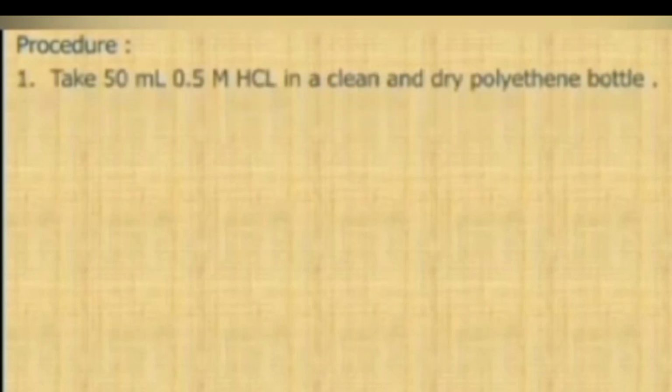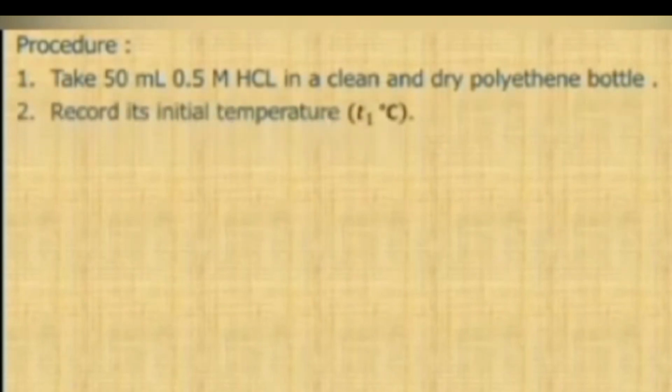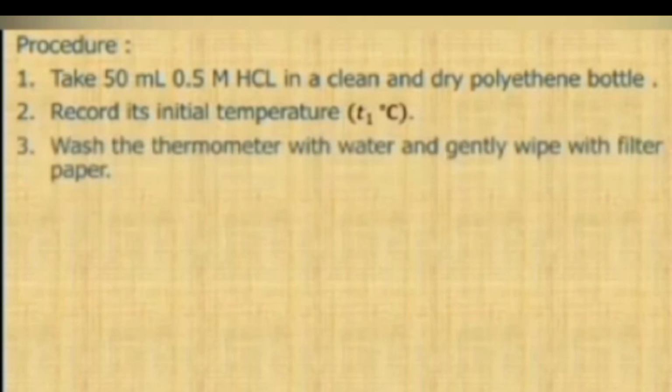Now let us see the procedure. We will take 50 ml of 0.5 molar HCl in a clean and dry polythene bottle. Now we will record the initial temperature, T1 degrees Celsius. Now we will wash the thermometer with water and gently wipe it with the filter paper.